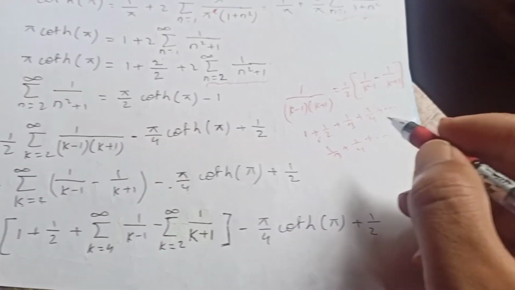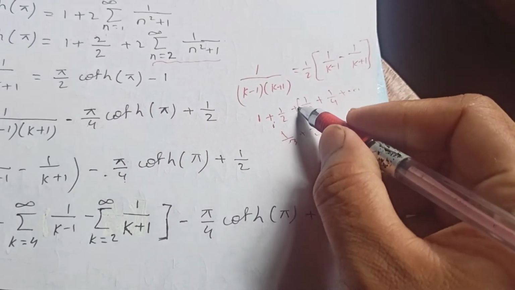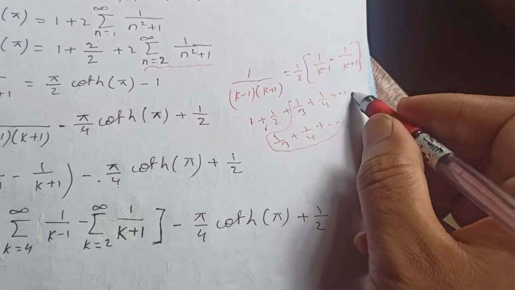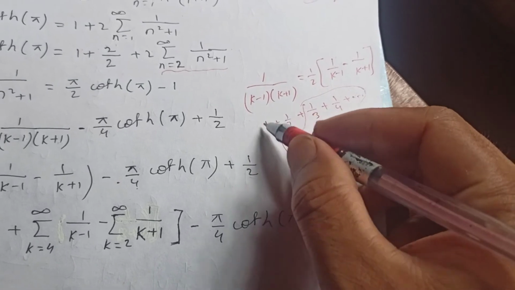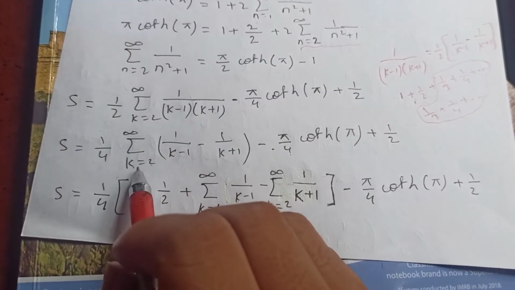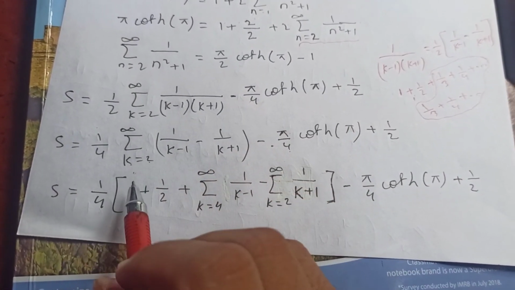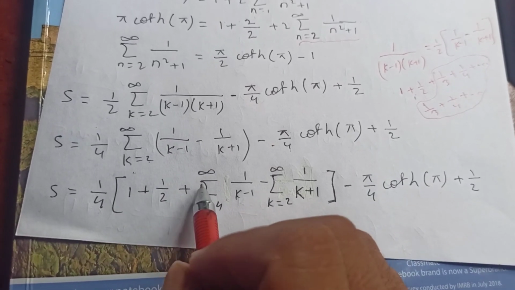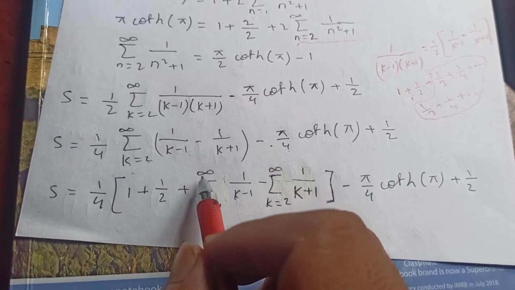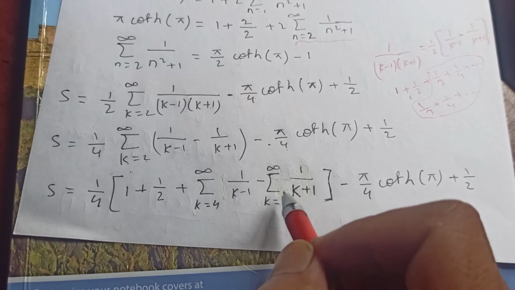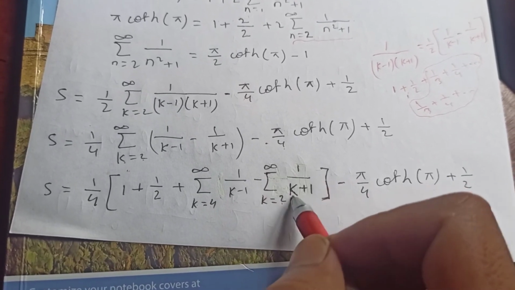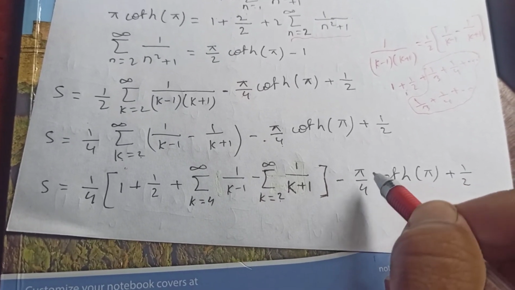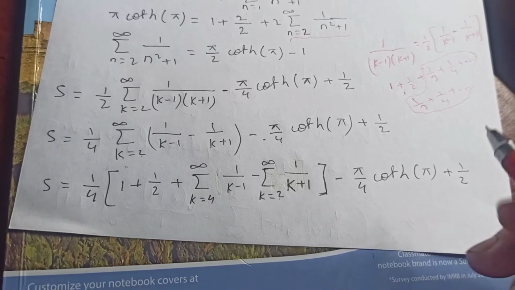Now looking at this, these are common, right? So we are going to take out these two from this first sum. So it will be 1 plus half plus sum from k equal to 4 to infinity, 1 over k minus 1, minus sum from k equal to 2 to infinity, 1 over k plus 1, minus pi by 4 coth of pi plus half.